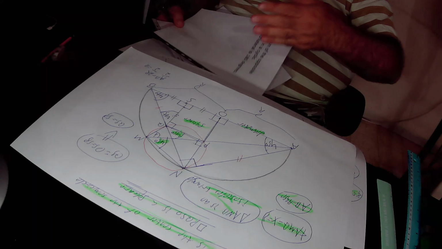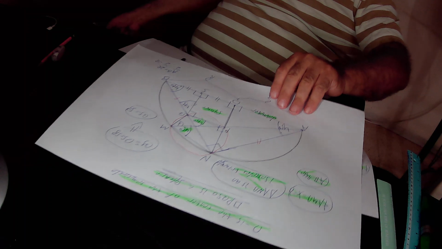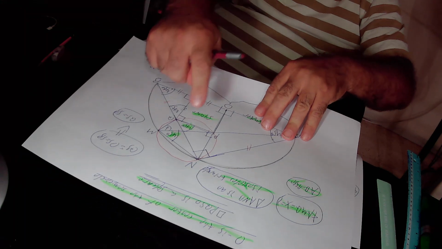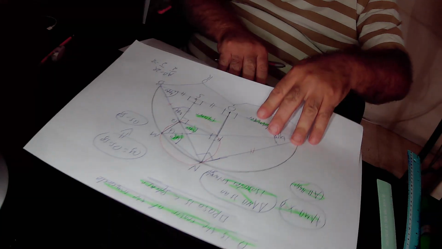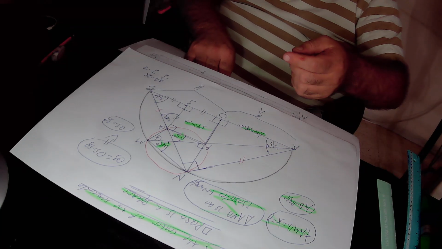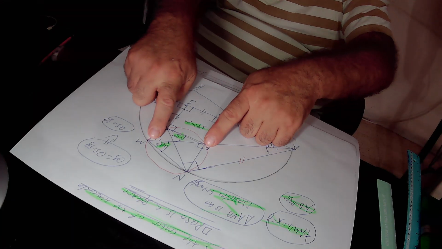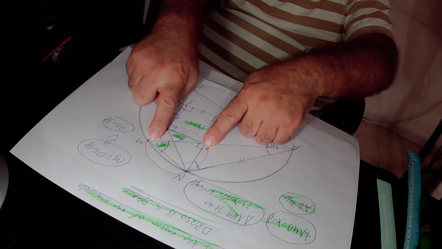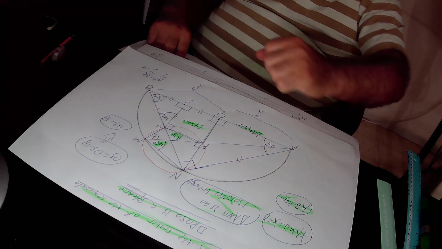So we can implement the rule in our drawing, because in our drawing we have quadrilateral MNQP, that is a cyclic quadrilateral, as you can see. So in quadrilateral NMQP, the sum of those two opposite angles must be equal to 180 degrees according to the rule that I read. So this is angle NPQ, that is a right angle.